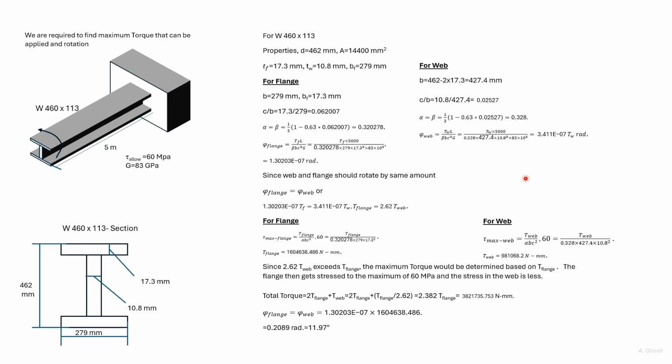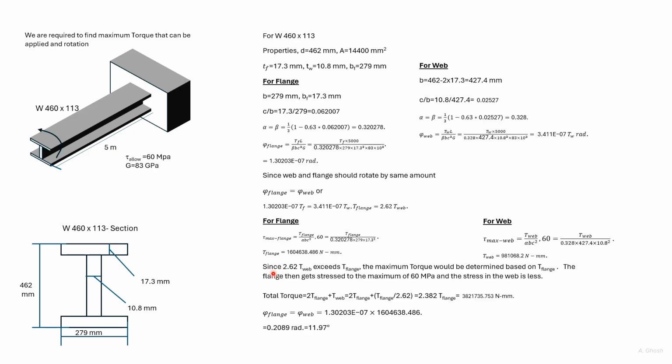We now check which fails first. So consider the torque that the web can withstand. We multiply this torque by the ratio. We see that the value that we will get is greater than the torque that the flange can withstand. So in this case, the flange will fail.